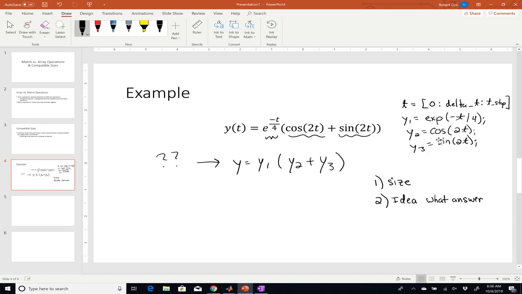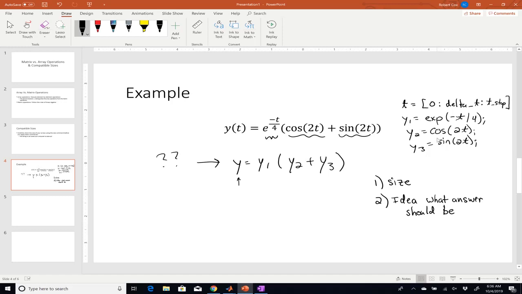Throwing numbers into MATLAB is dangerous if I don't have an expectation as to what the answer should be. Okay? In other words, one of the things I know is that y here should be a single row or single column of numbers. It shouldn't be a matrix, but I could make it a matrix.